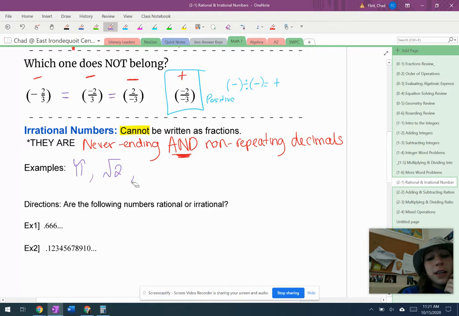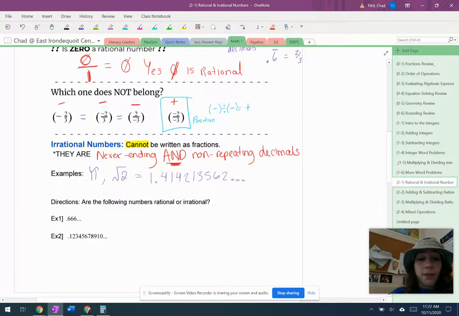The square root of 2 is equal to 1.414213562... Never-ending and non-repeating for those guys.